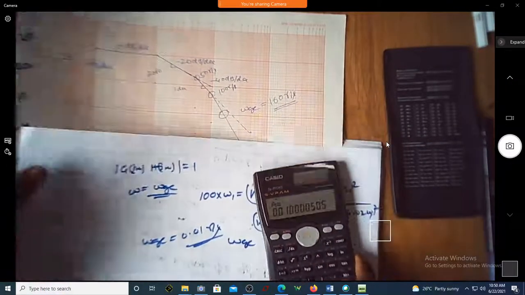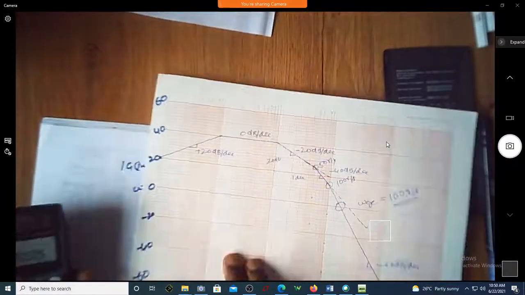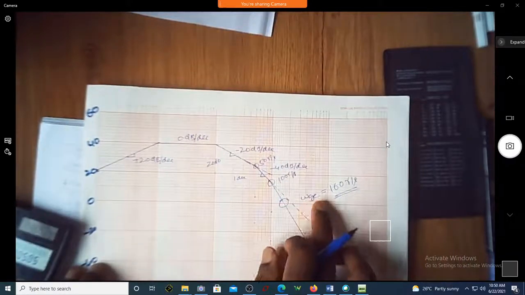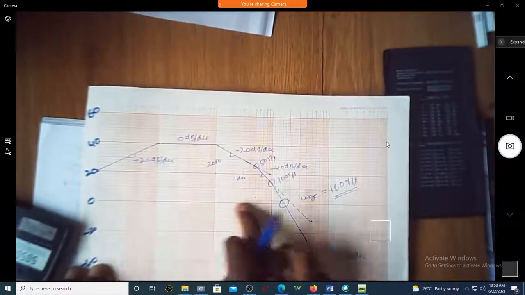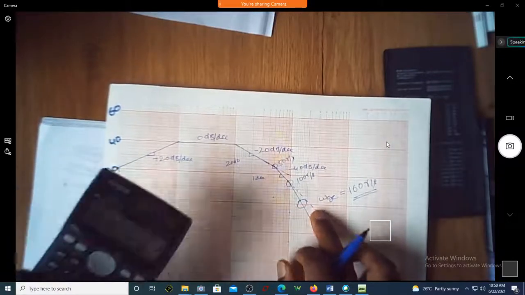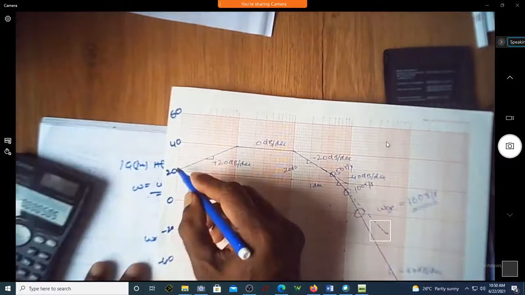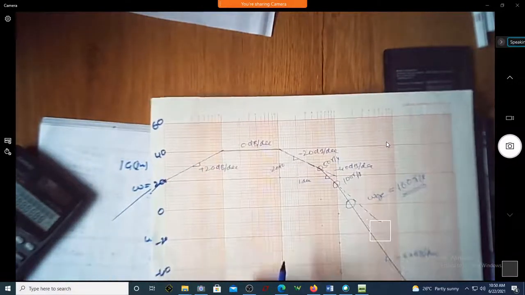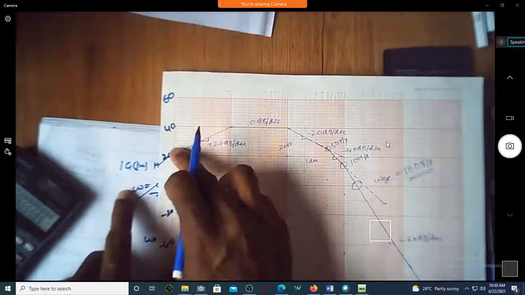See here. Can you see this? So are we looking for where it is crossing 0 dB? Yes, sir. So we are actually finding this. What the calculator is showing me is a value which is prior to this. Suppose you go back, this is 0.1. If it is 0.01, what is the magnitude?